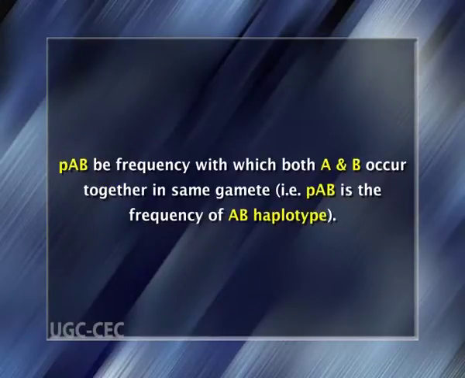Similarly, let Pab be the frequency with which both A and B occur together in the same gamete, that is Pab is the frequency of the AB haplotype.